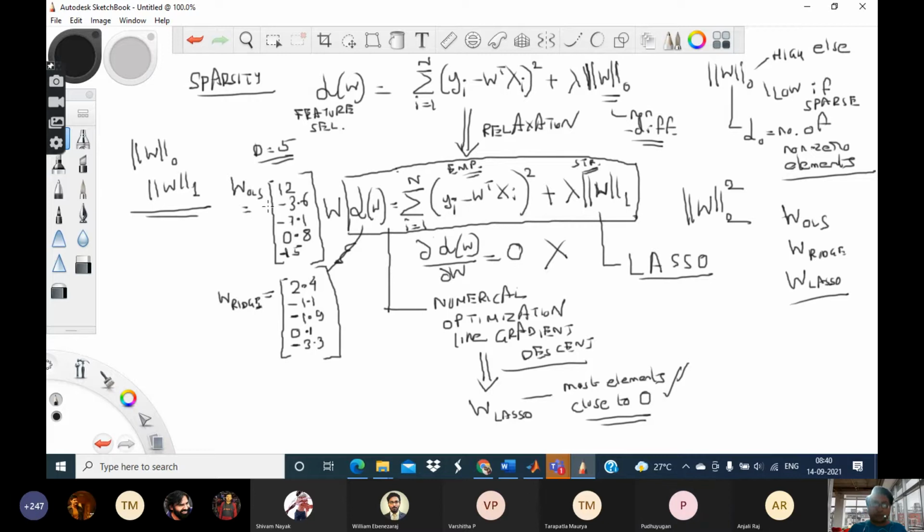As you can see, the relative magnitudes of the different features are more or less the same in both cases, but the magnitudes have come down.